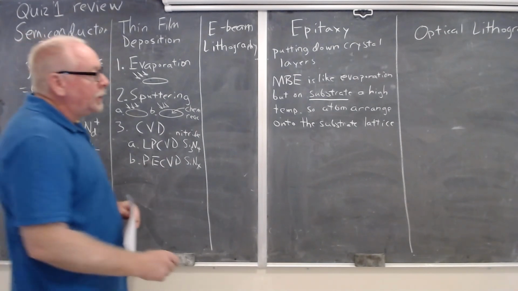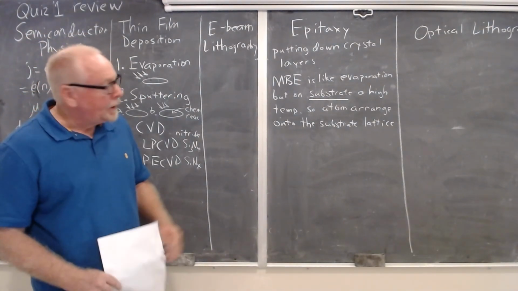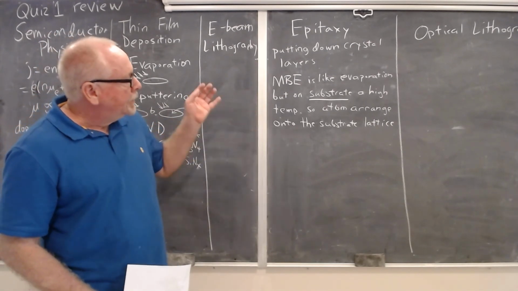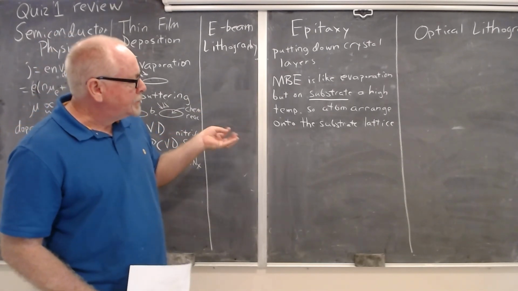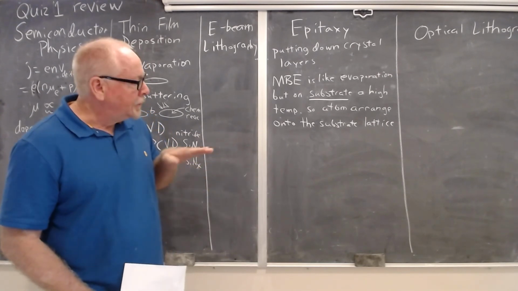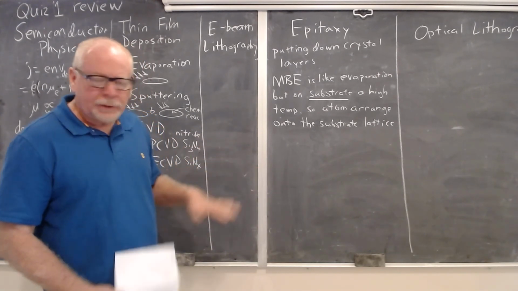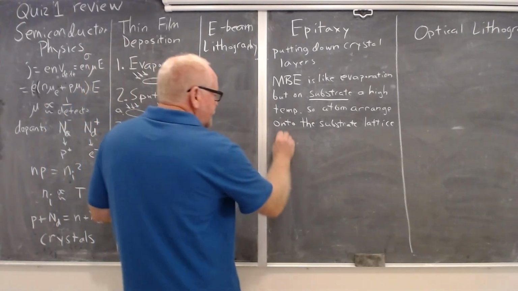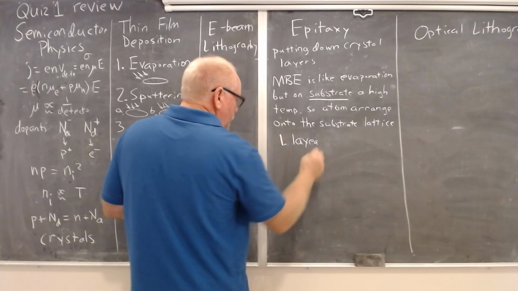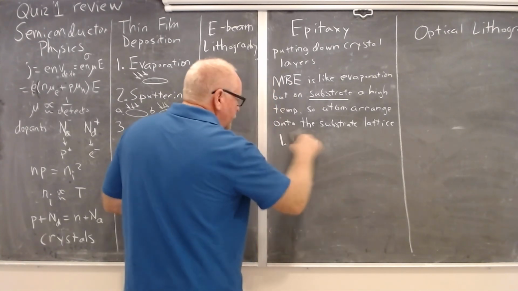All right, and so going back to epitaxy here. The point is that in epitaxy, the atoms come down, they're on a hot substrate, and so they find the lattice sites from the substrate, and so they want to grow at the substrate lattice constant. And so there are these three groups, where the layer, and what I'm going to do is write it this way.